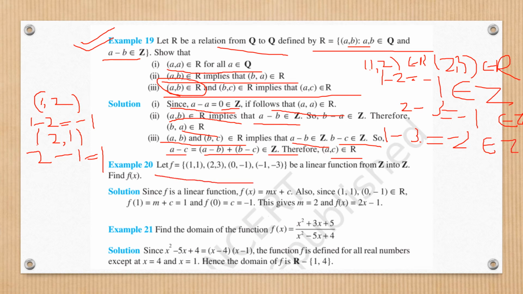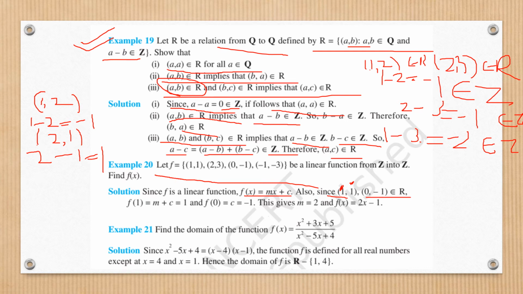Question: let f = {(1, 1), (2, 3), (0, -1), (-1, -3)} be a linear function from Z to Z. Find f(x). You have to find the function. So again, you have to see which type of function this is. Since it is a linear function, it is of the form mx plus c, right? So since (1, 1), (0, -1) belong to the function, let us place in place of x this 1 and in place of the y value this 1.